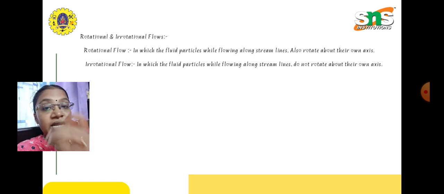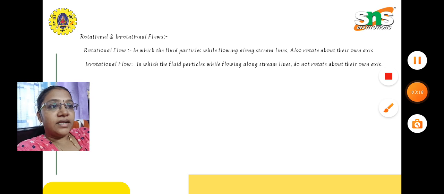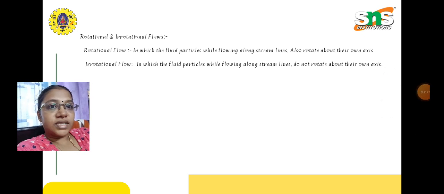Rotational and irrotational flow. Rotational flow is when the fluid particles, while flowing along streamlines, also rotate about their own axis. So this we call rotational flow. And irrotational flow is one in which the fluid particles, while flowing along the streamlines, do not rotate about their own axis.